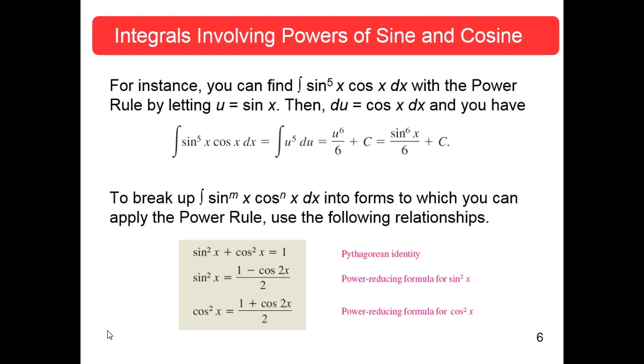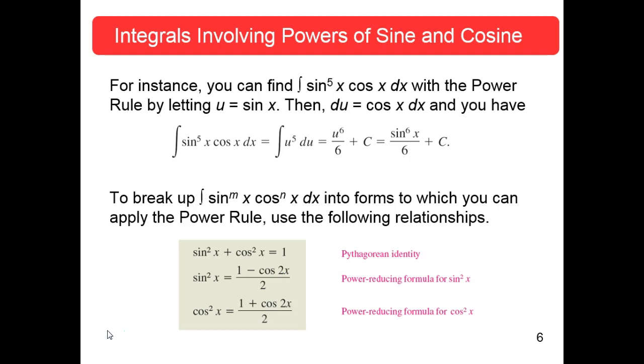Sine squared is 1 minus cosine 2x over 2, and cosine squared is 1 plus cosine 2x over 2. I'm not good at memorizing these things, those signs and so easy to cross them up. It's really not an awful thing to know where that came from. Want it real quickly?